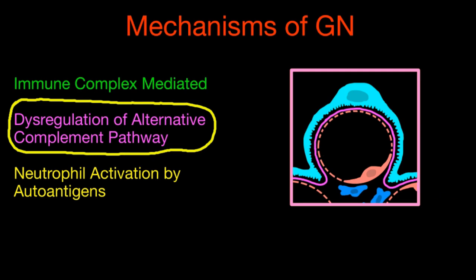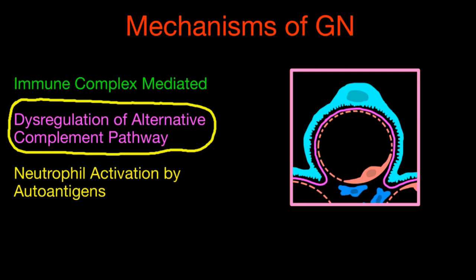So another important cause of GN is due to neutrophil activation by autoantibodies binding these autoantigens found on neutrophils. So these autoantibodies we call ANCAs, anti-neutrophil cytoplasmic autoantibodies. And so what's happening is that these ANCAs are binding to autoantigens on neutrophils, activating them, and then promoting an immune response.